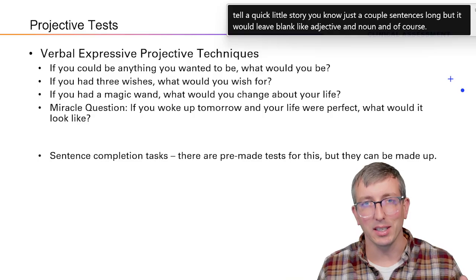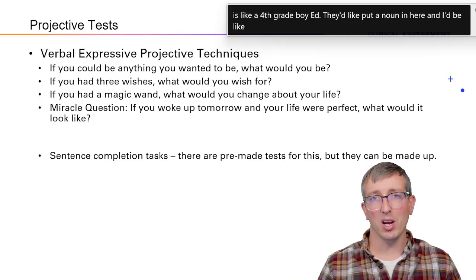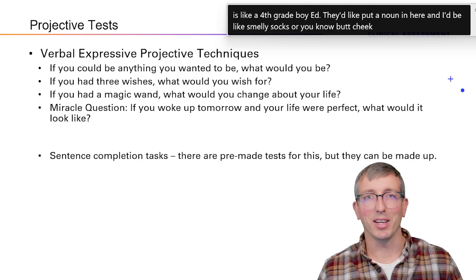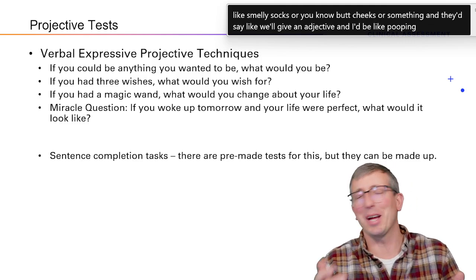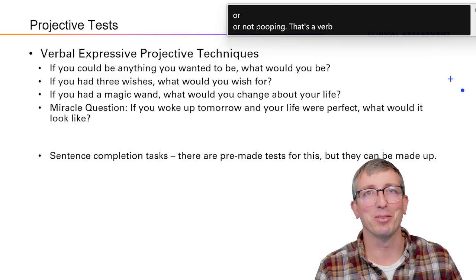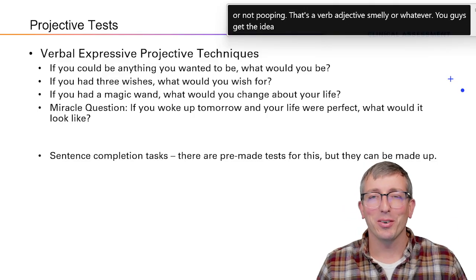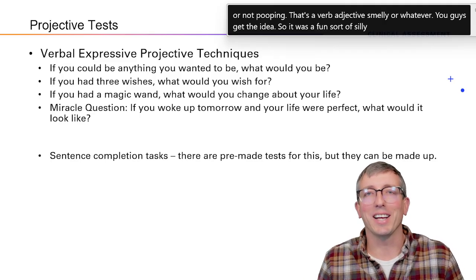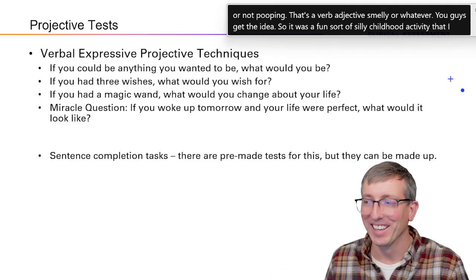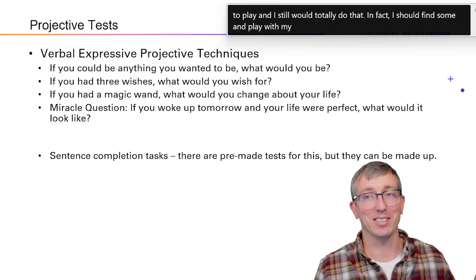And of course, as a fourth grade boy, I'd put in smelly socks or something, and they'd say give an adjective, and I'd say pooping, or not pooping, that's a verb. You guys get the idea. It was a fun, silly childhood activity, and I still would totally do that. In fact, I should find some and play with my son because they're awesome.